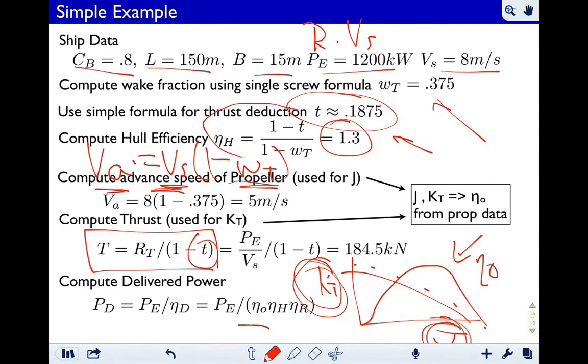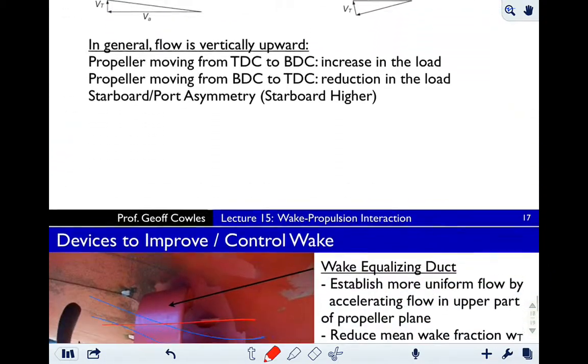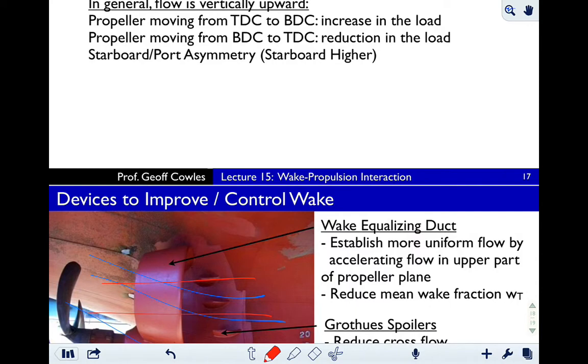One is computing the hull efficiency. The second is to compute VA, which is needed for the advance ratio. And the third is to compute the thrust needed by the propeller, which is needed to compute the propeller open water efficiency via the thrust coefficient. And so we will go through a complete calculation Thursday.